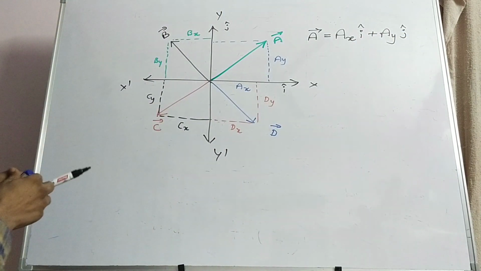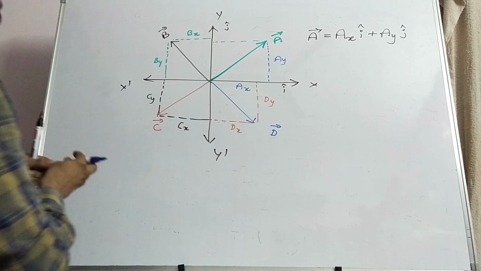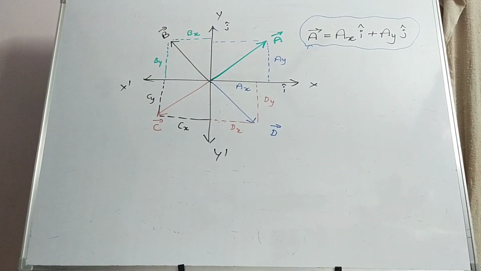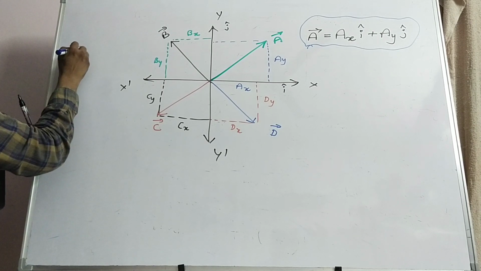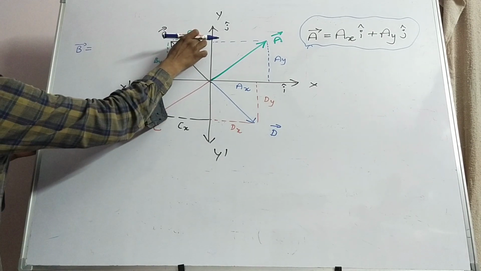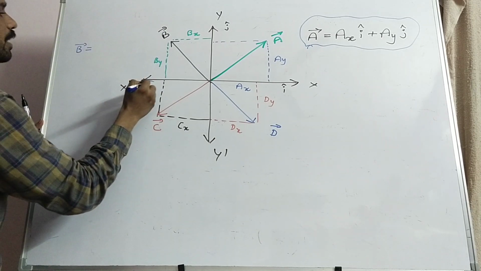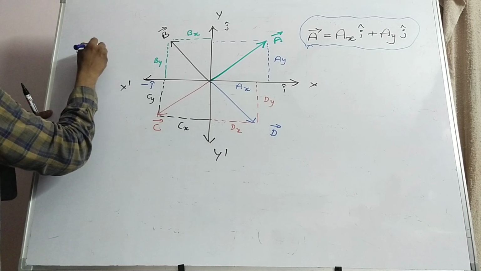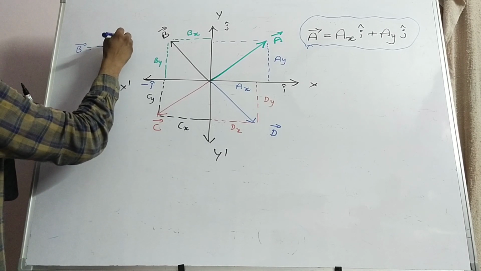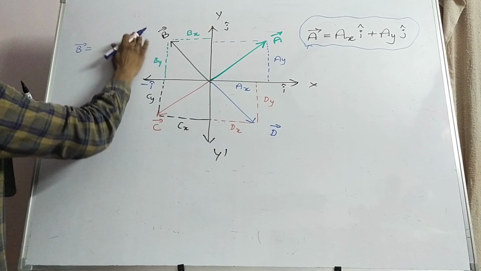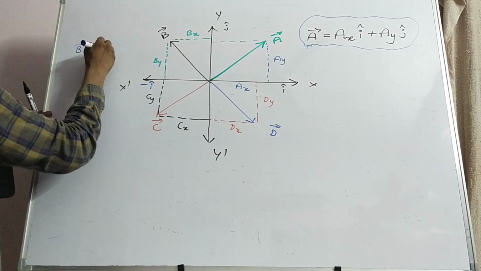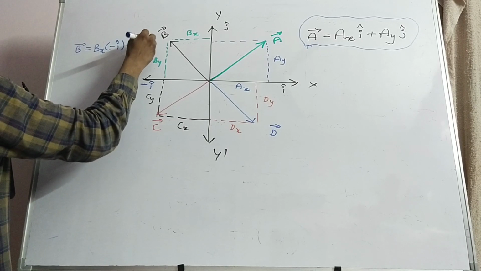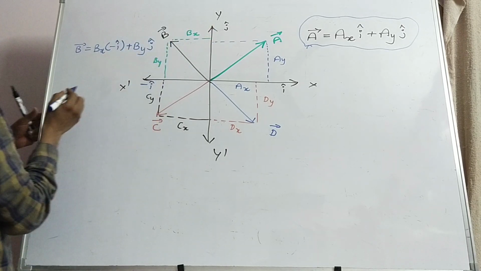Now for vector b bar, see here b bar has bx, but it is negative, so minus bx i cap plus by j cap, positive y-axis contributes positive.